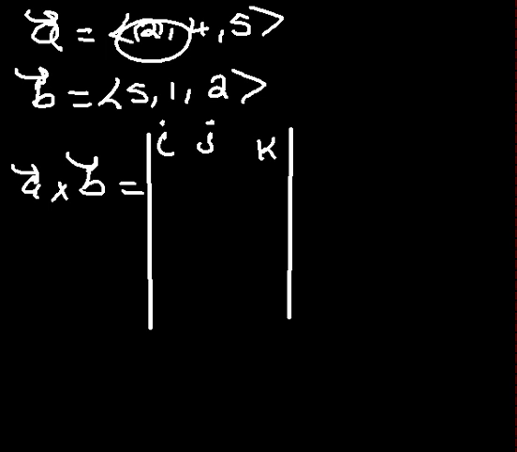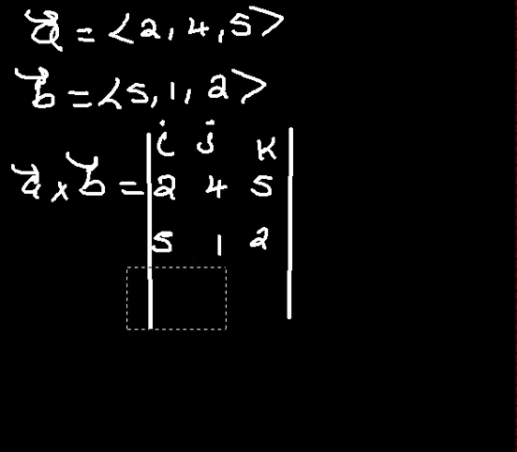Mind you, for you to operate the cross product, the vectors have to be in 3 dimensions. Should the vectors be in 2 dimensions, then you include the missing dimension as 0. So in this case we have 2, 4, 5, and then 5, 1, 2.